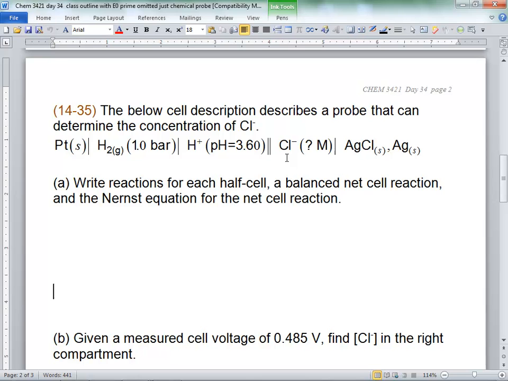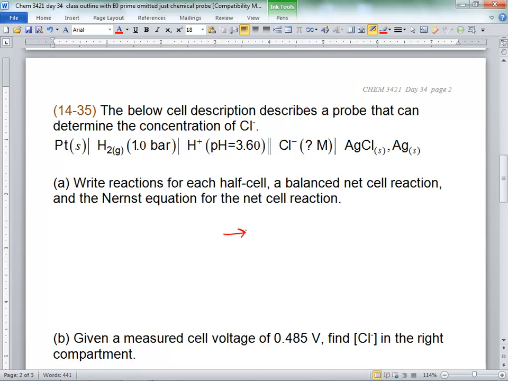So if you don't have your book, I can write the half reaction here. When I find it in the table, do I want to write the chloride, the Cl minus, the chloride anion, as a reactant or a product? We have a phase change going on here.